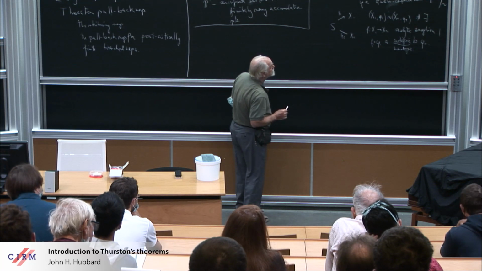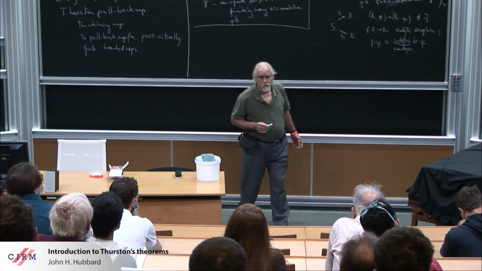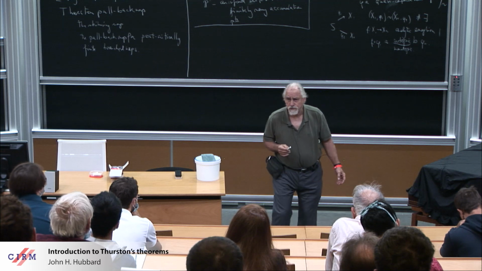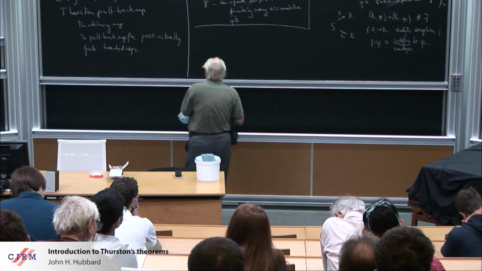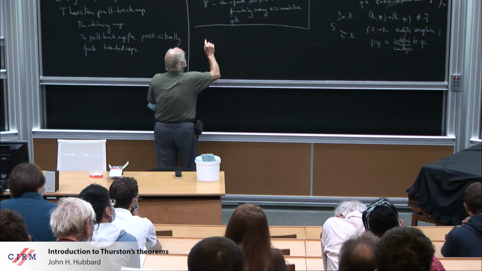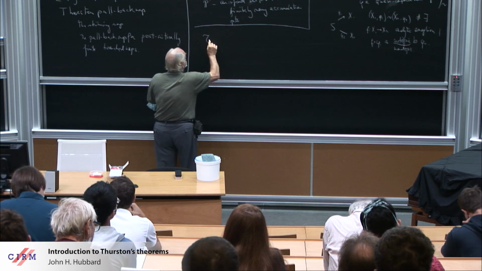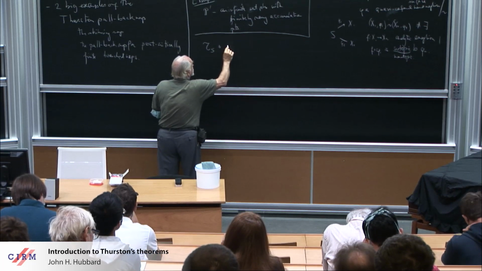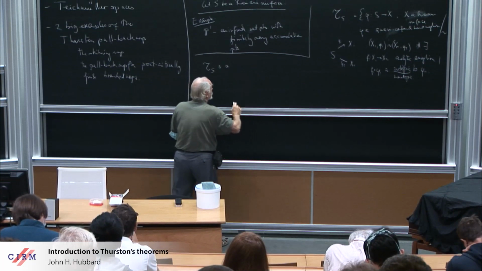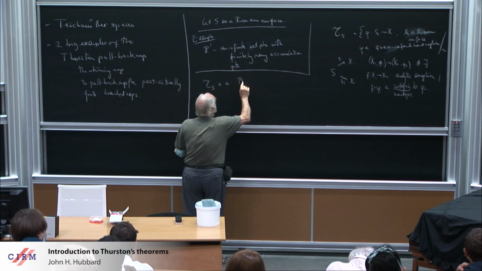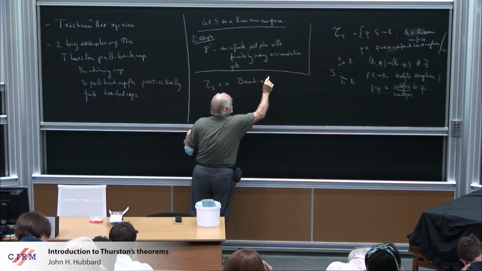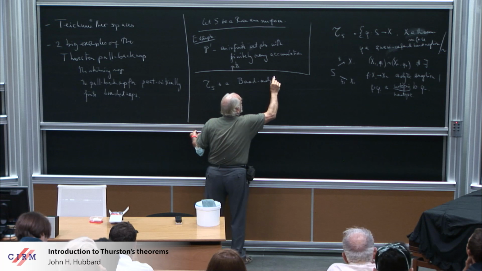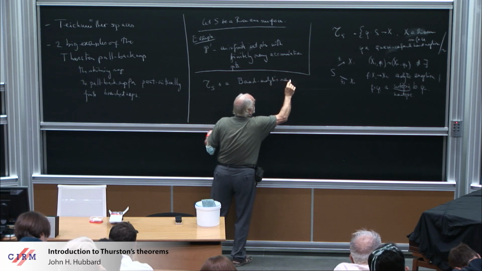Now, what kinds of structures, this is just a point set. What kinds of structures does it have? Teichmüller space of S is a Banach analytic manifold.